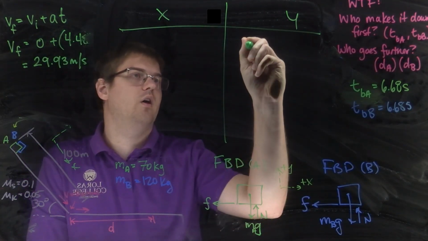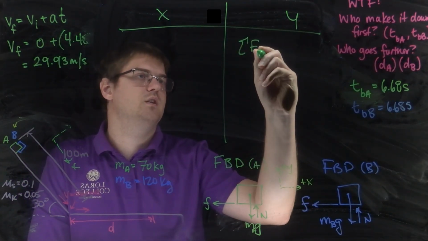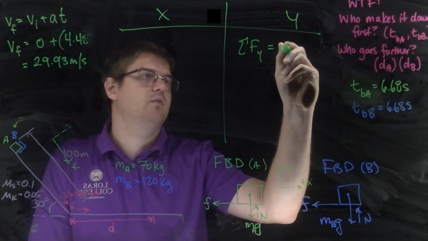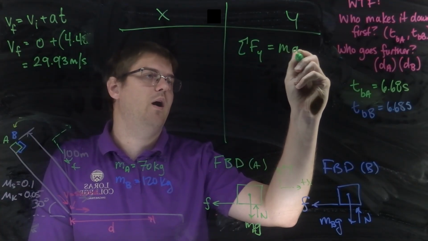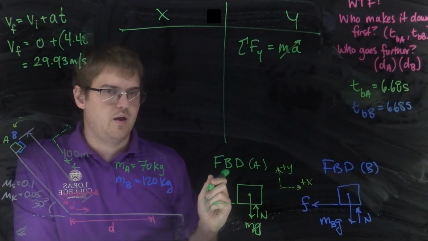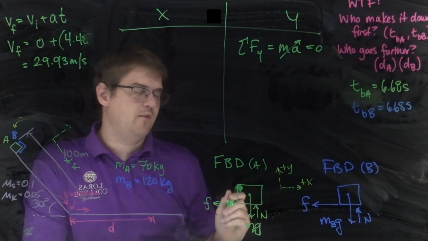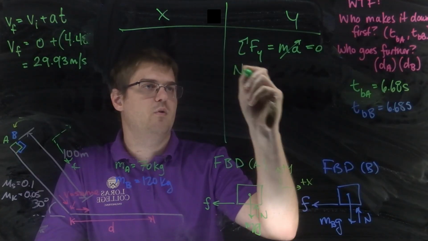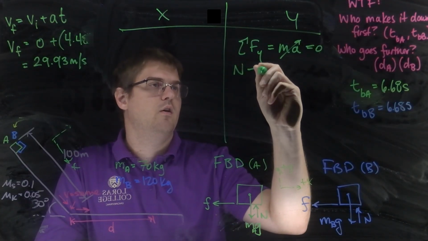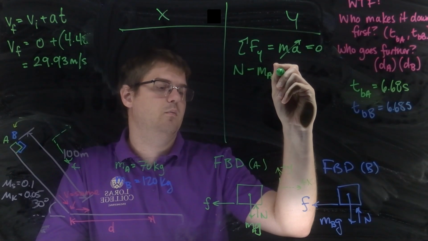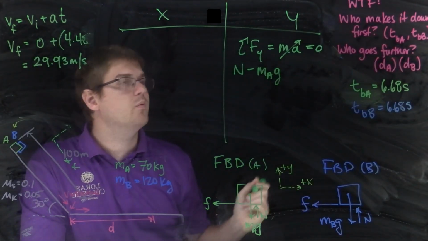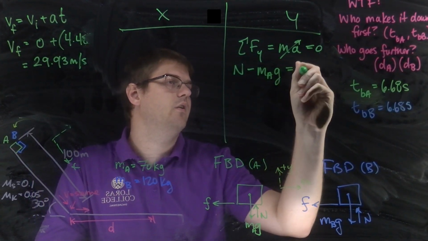So I have sum of my forces in the y is equal to mass times acceleration in the y. I'm not going up or down, so acceleration is 0. Sum of my forces, I have a positive normal force, I have a negative mass of A times gravity. Isn't it nice when we don't have a sine or cosine there?